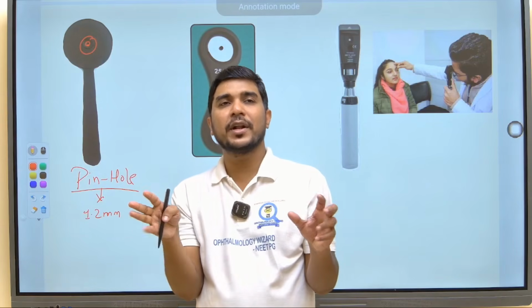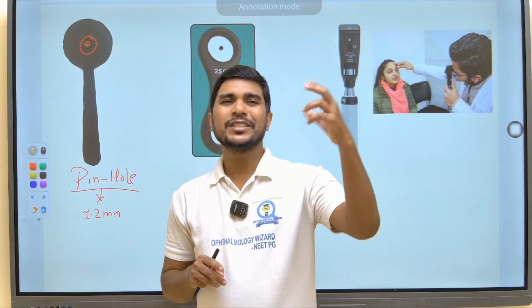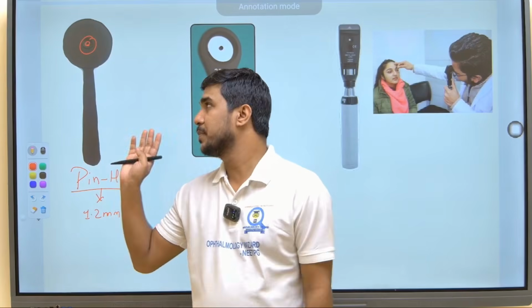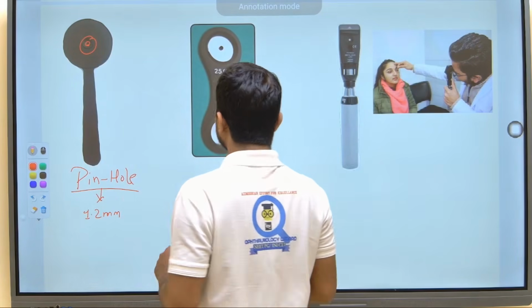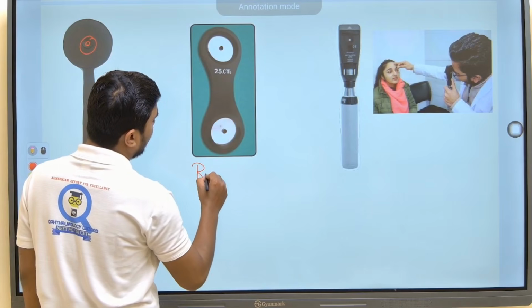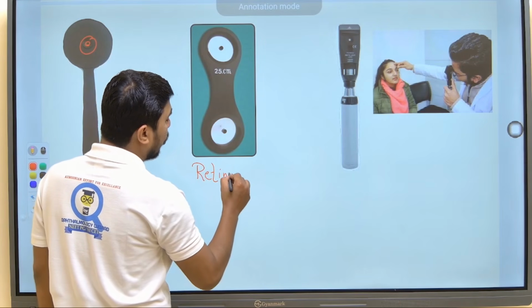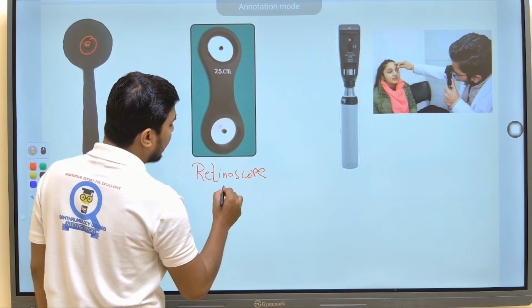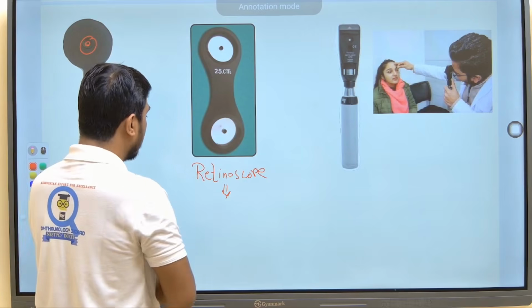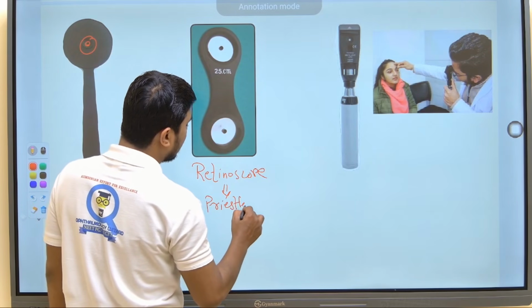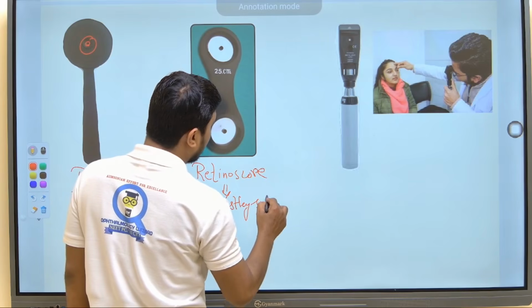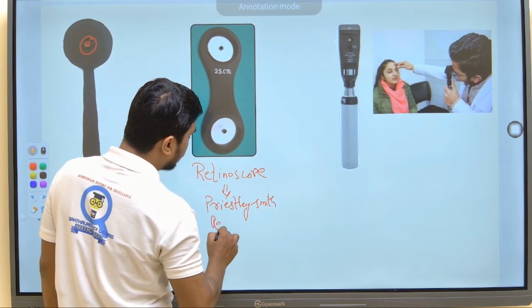If you want to know the refractive error, how much he can see, you can use this pinhole. Okay, what is this? This is a retinoscope. This retinoscope is named the Priestley Smith retinoscope.